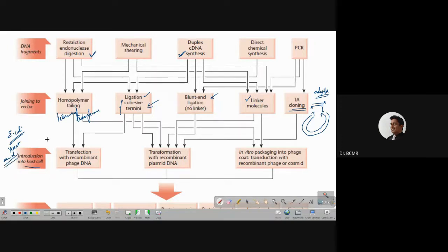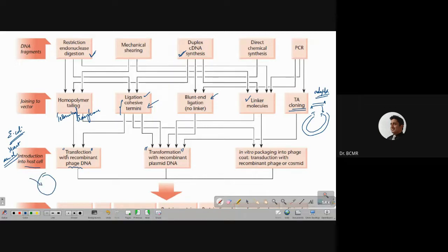So how do we put DNA into the host is the question. There is a word here, transfection, and there is another one, transformation. Transfection is when we are using phage to put the DNA into the cell.